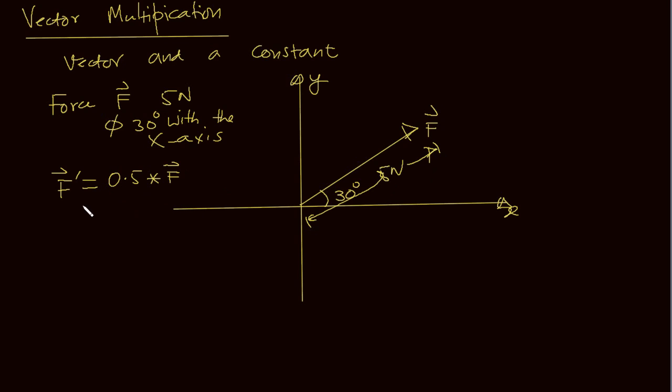So magnitude of F prime, this is how we write magnitude, will be 0.5 multiplied by 5, so 2.5 Newton.